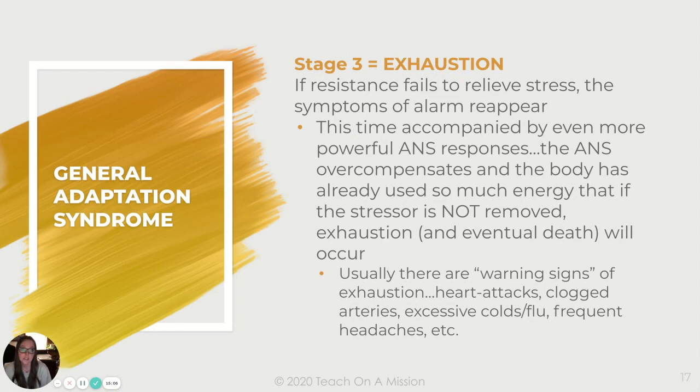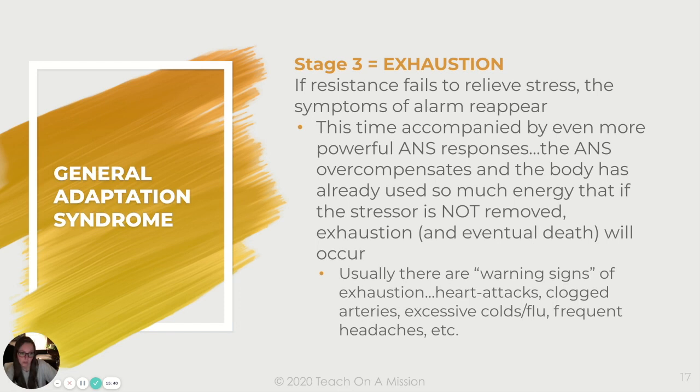Okay, stage 3 is exhaustion. If resistance fails to relieve the stress, so if you're not relieving it in stage 2, the symptoms of alarm reappear. Some of those symptoms from stage 1 are going to reappear. This time, it's accompanied by even more powerful autonomic nervous system responses. The autonomic nervous system has already overcompensated and the body has already used so much energy, and the stressor is not removed.